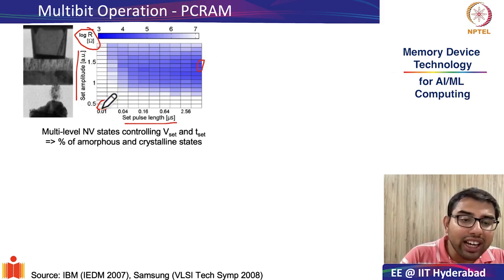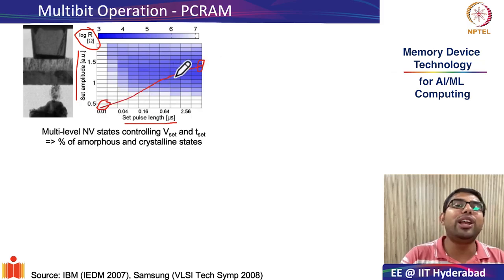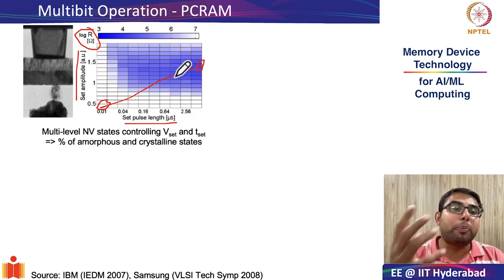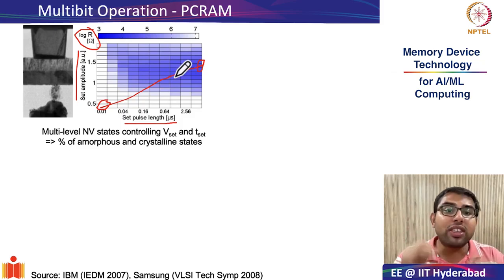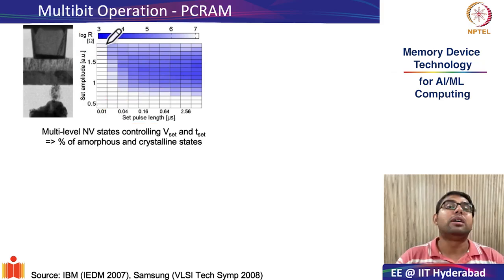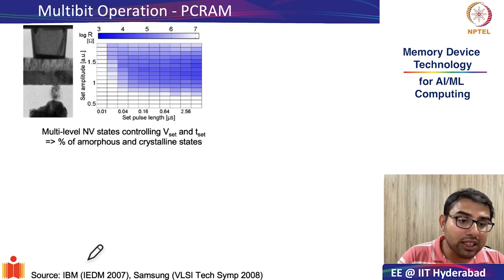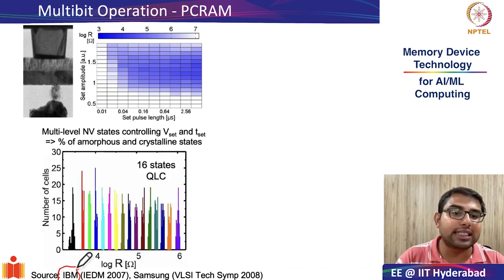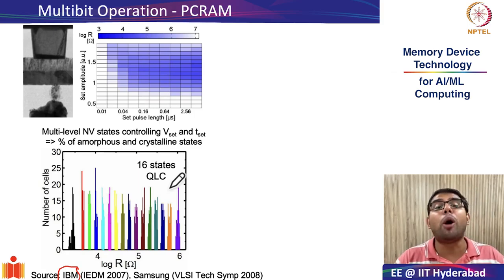So between high resistance, which is roughly 10 to the power of 7, and 10 to the power of 3, by controlling different values of the set pulse amplitude and length, you are able to traverse almost 4 orders of magnitude. Therefore, it was shown for the first time by researchers at IBM way back in 2007 that you can have QLC kind of operation.